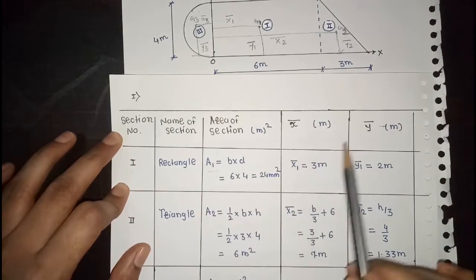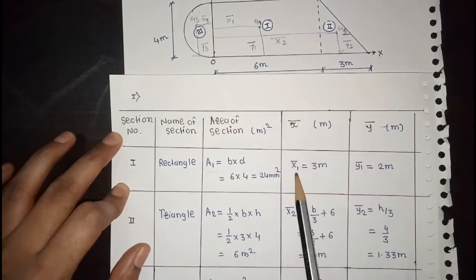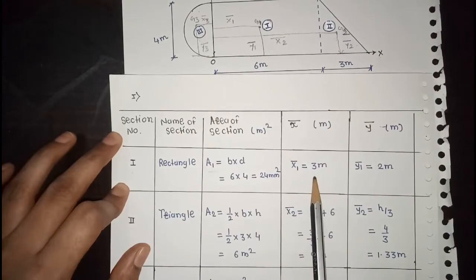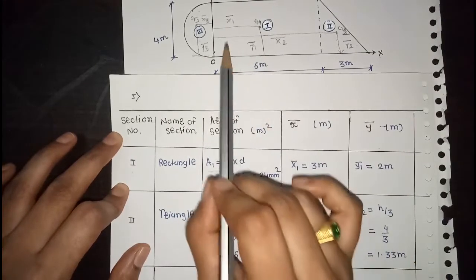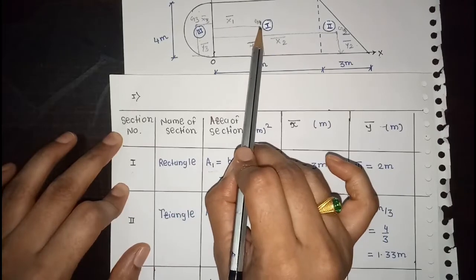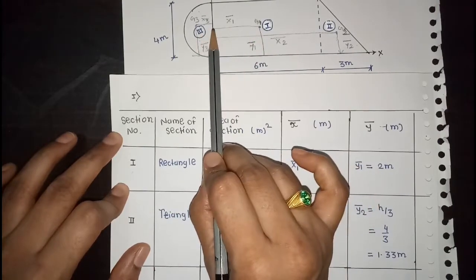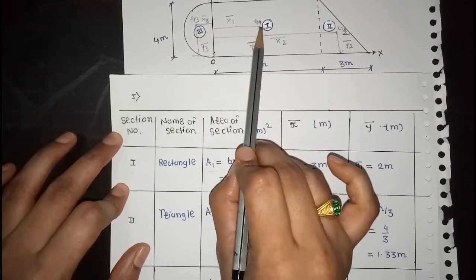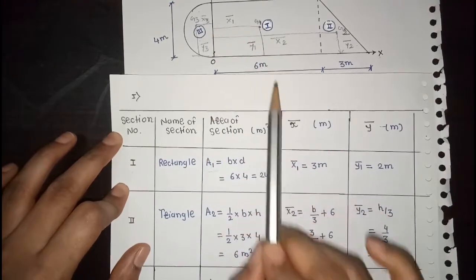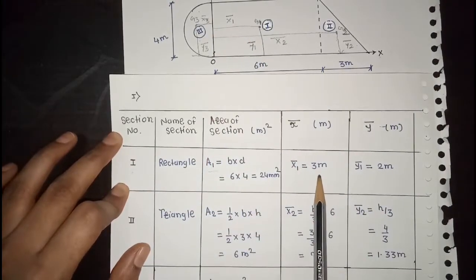Then x1 bar means distance between point G1 to base of y-axis. So this distance is 6 by 2, which means 3 meter.